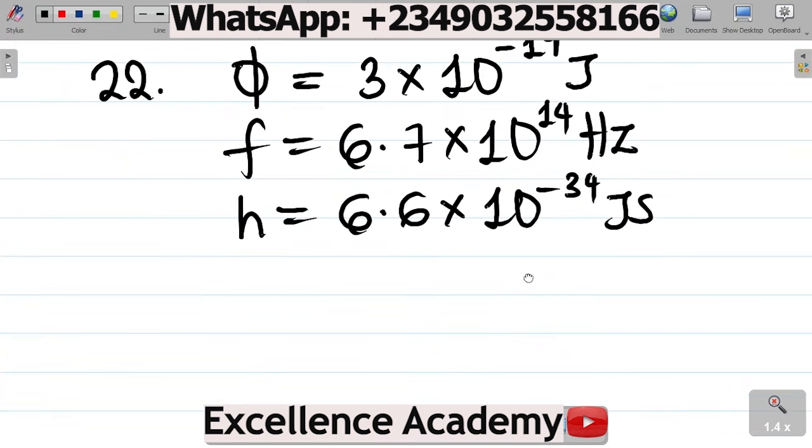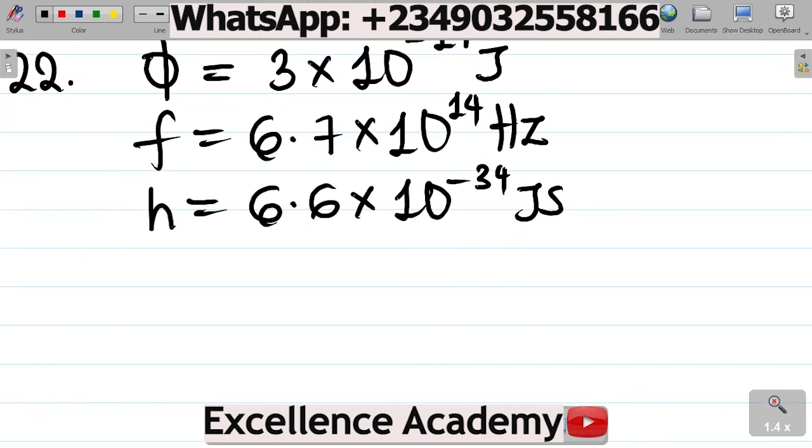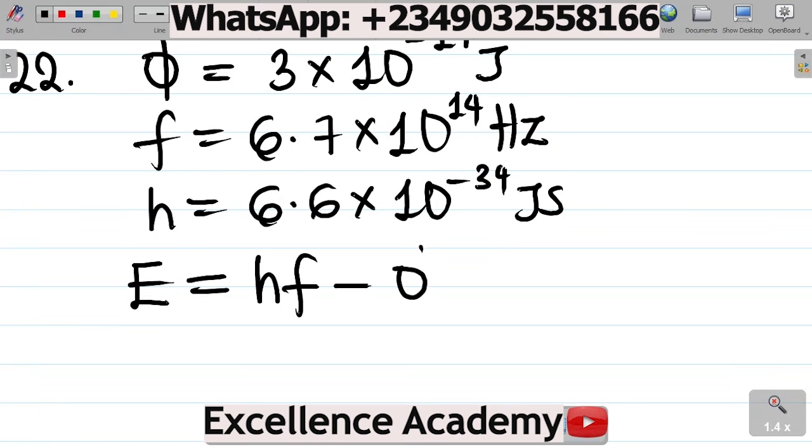We're asked to find the energy liberated. Note that the energy liberated, E, the formula, is equal to h, Planck's constant, times the frequency, minus the work function.